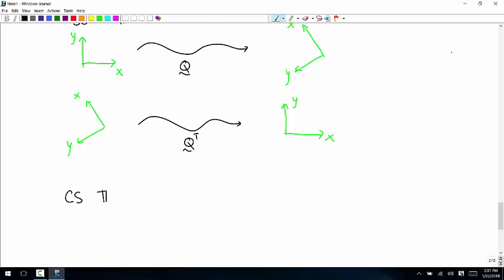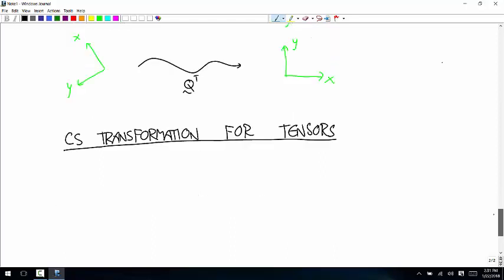So a coordinate system transformation for tensors: let's say a vector in the B coordinate system is equal to Q times a vector in the A coordinate system.